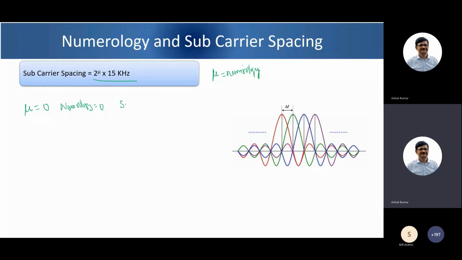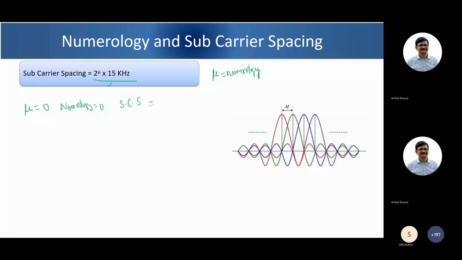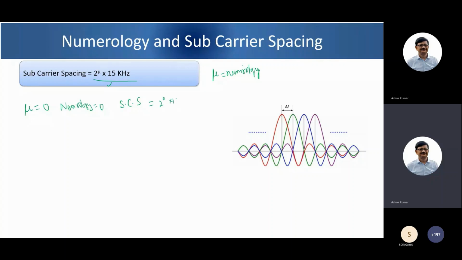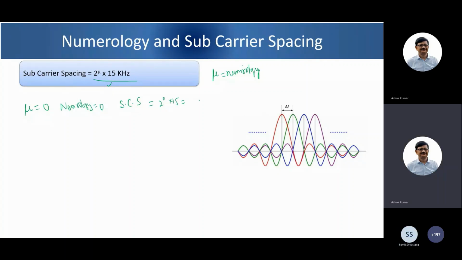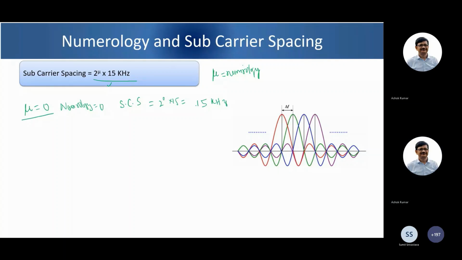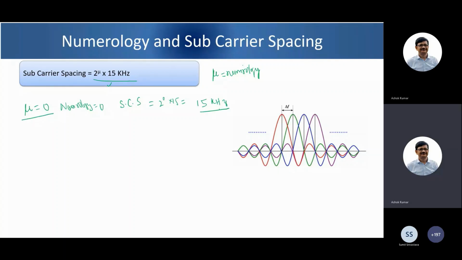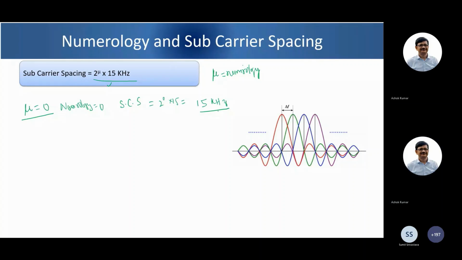So what will be the subcarrier spacing with the formula? 2 to the power 0 into 15. Please answer in the chat box. Okay, good answer. I got the answer of 15 kilohertz. So when I say numerology 0, I'm saying 15 kilohertz subcarrier spacing.